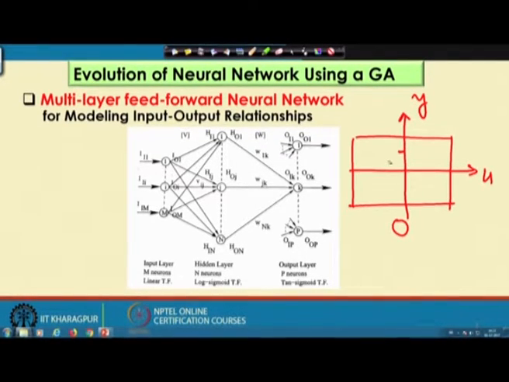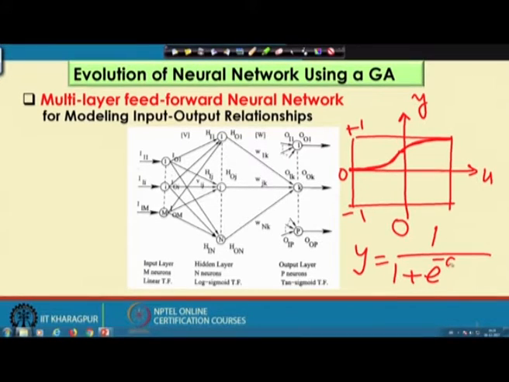So, I will be getting this type of plot, and here y is equal to plus 1, here it is 0 and here it is minus 1. This is nothing but the log sigmoid transfer function, and mathematically this can be represented as y equals 1 divided by 1 plus e raised to the power minus a u.